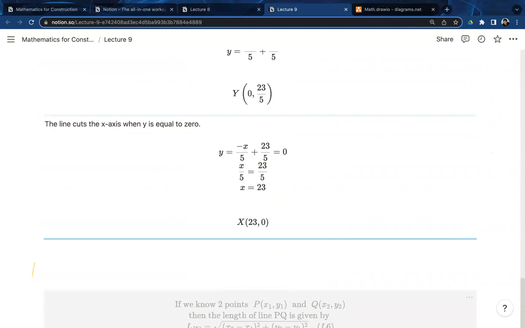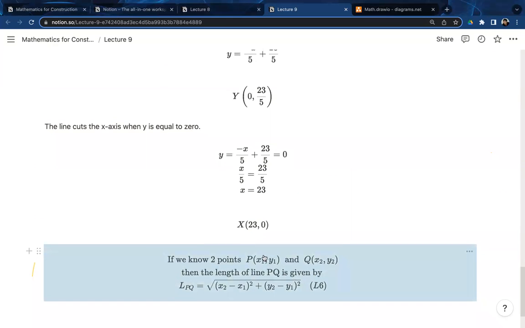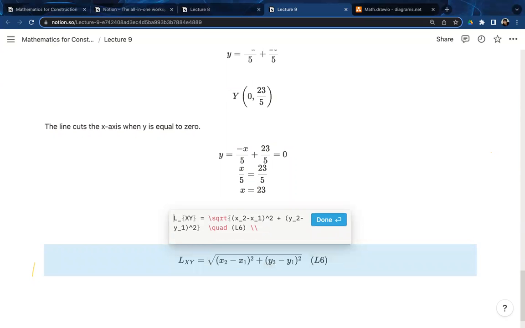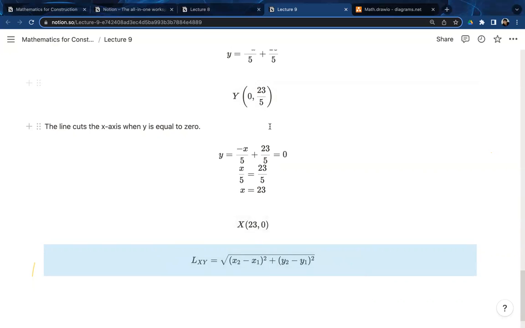So we could bring this down here now. So I'll take all of this out here, I'll call it xy. So the length of xy, I'll basically substitute into this formula. Now the nice thing is the y coordinate is 0 for one and the x coordinate is 0 for one.